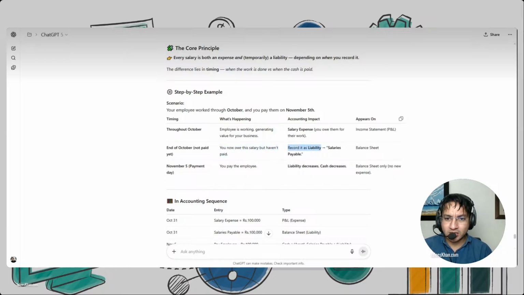Record it as a liability, salaries payable, on the balance sheet. It's coming now in the balance sheet. Number five, payment day. You pay the employee, liability decreases, cash decreases, balance sheet only, no new expense.